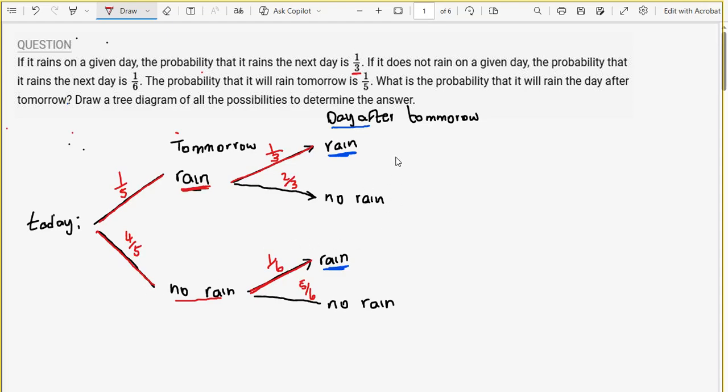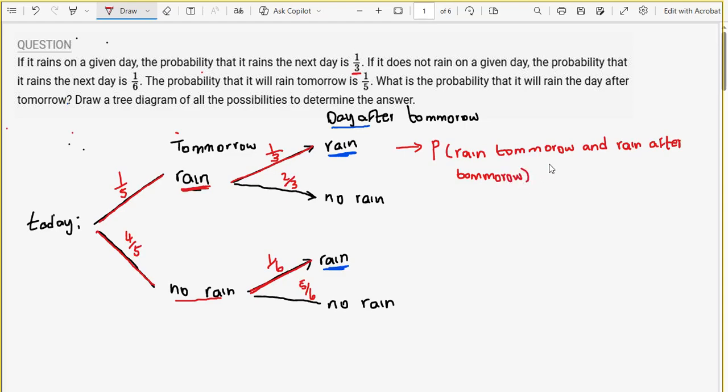Do you see the first straight line? This is the part. So we need to find the probability that it rains tomorrow, and rain the day after tomorrow.